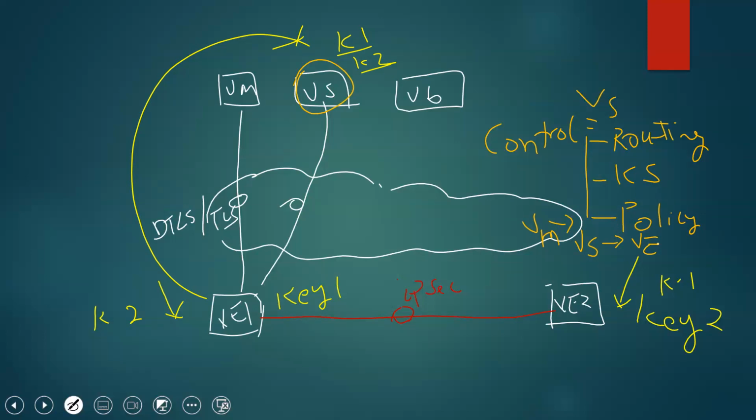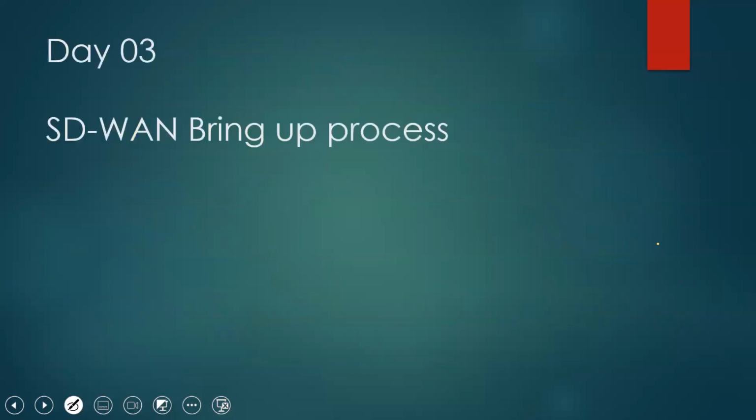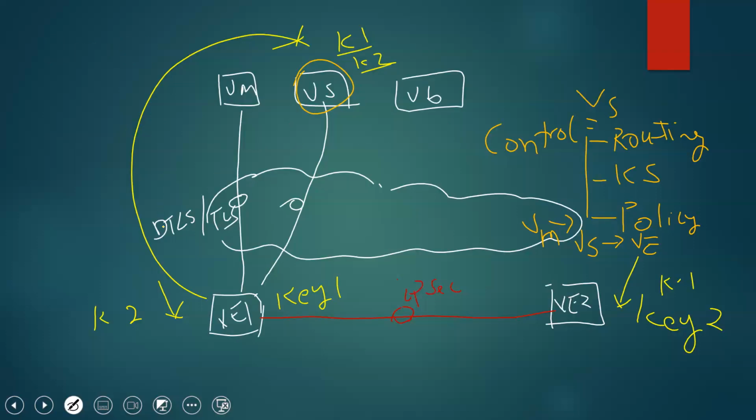Now, why did I draw this diagram? Just to make sure. I haven't erased the earlier diagram, and this is also true. At the moment you may think that vManage will push the policy.